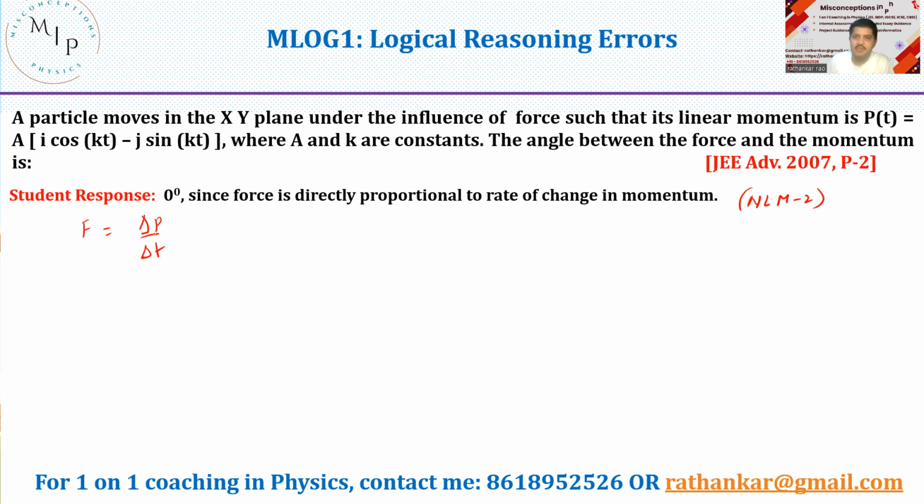Since force is proportional to change in momentum, whatever is the direction of this should be the direction of that also. This is the logical reasoning error. He has made a mistake.